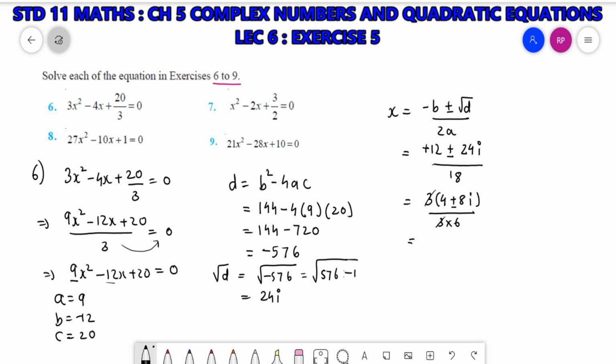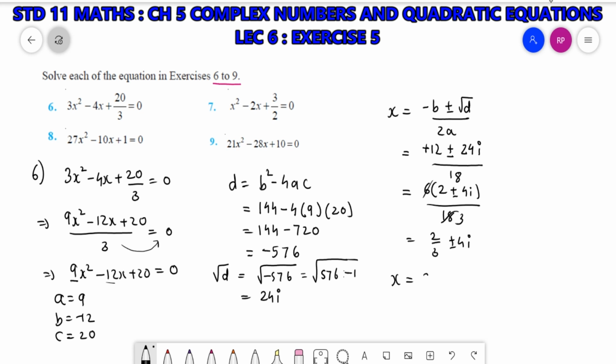Again I can take 2 common, so it will be 2 into 2 plus or minus, or else I can directly take 6 common. So 6 into 2 plus or minus 4i upon 18. So 6 ones are 6, 6 threes are 18. So this will be equal to 2 by 3 plus or minus 4i.